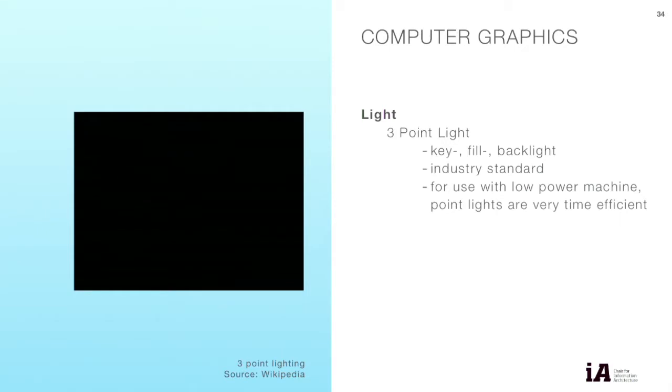If you have a point light, it's much easier for the computer. So if you don't have such a powerful machine, or if you want to light up a game or another scene where you don't have so much power left, three-point light is surely a thing you have to look into.